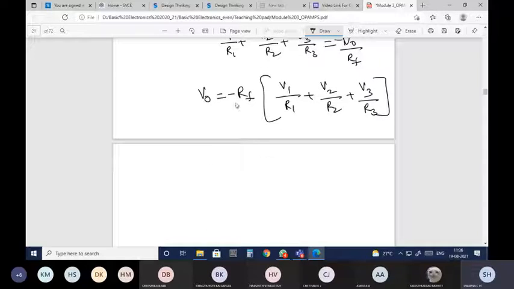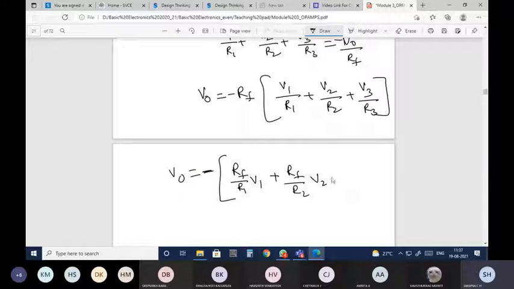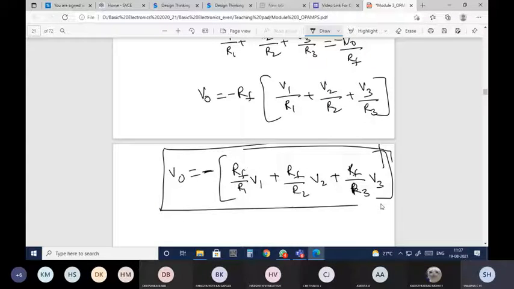Now I'll take this RF also inside. So V0 is equal to minus, RF by R1 into V1 plus RF by R2 into V2 plus RF by R3 into V3. So this is the output equation of the given circuit, and this is very important.